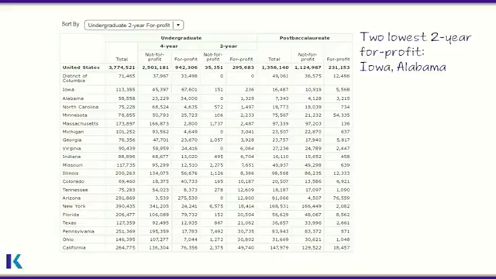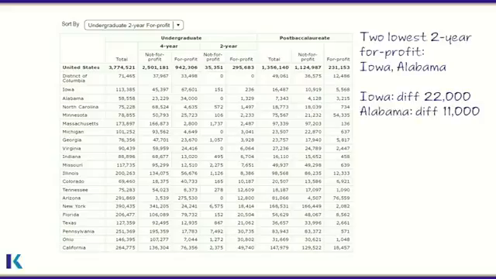In Iowa, the for-profit enrollment exceeds the not-for-profit enrollment by about 22,000 students. In Alabama, the difference is about 11,000, leading to a combined difference of about 33,000 in favor of the for-profit side. The 2-year undergraduate institutions also have more for-profit students, so the trend continues.